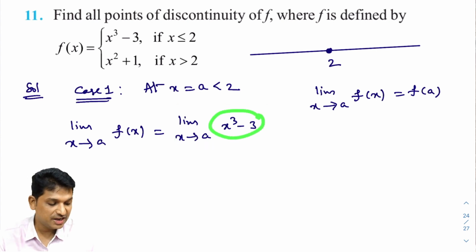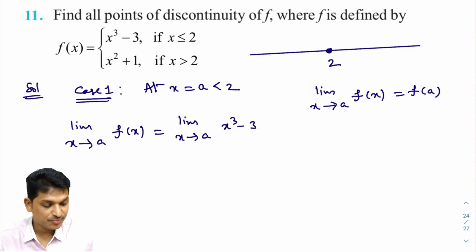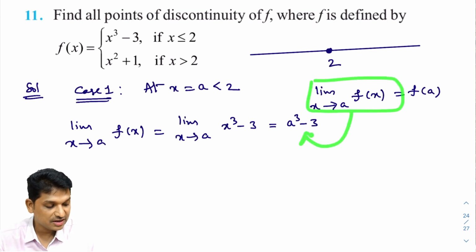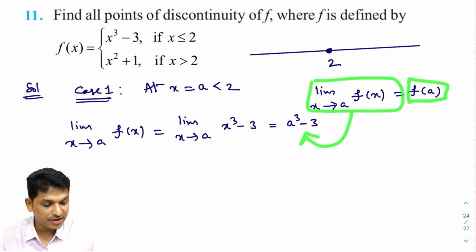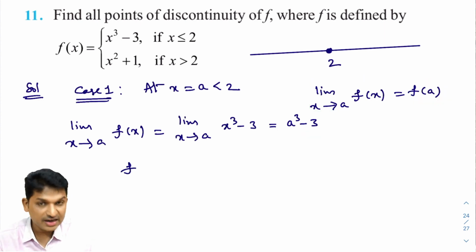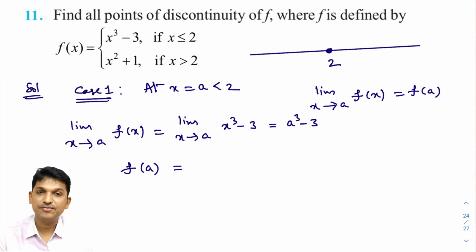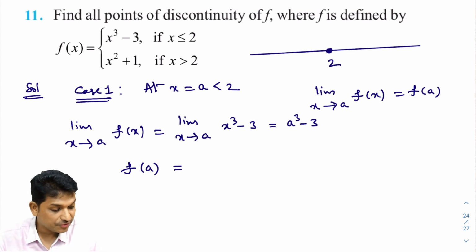In this function, wherever x is there, I'll write a. That equals a cube minus 3. So I calculated this part, I got a cube minus 3. Now I need to calculate f of a. What is f of a? To calculate f of a, we need to know what f of x is.